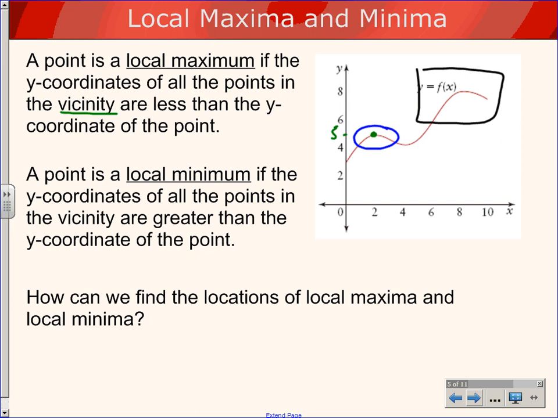A local minimum occurs right here because points in the vicinity are higher than that point. There are other points over here that are lower, but I don't care about those because I'm calling this a local minimum. How can we find the locations? That part's easy. That was basically what we've done for the last 2 chapters, right? We can find local maxes and local mins because we have horizontal tangents there.